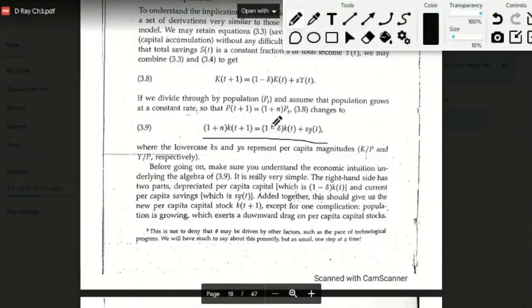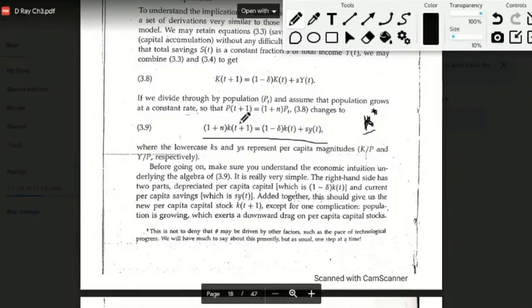Now we know that at the point of steady state of capital per capita, kt plus 1 is equal to kt, because once you have reached the steady state of capital per capita, then in the next time period as well, you will just have the same stock of capital.